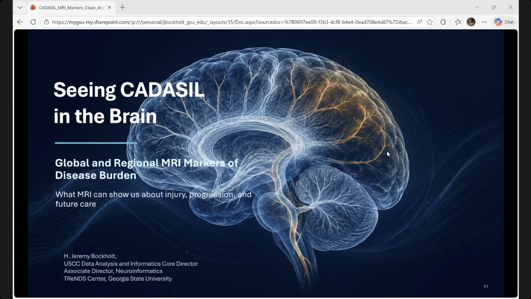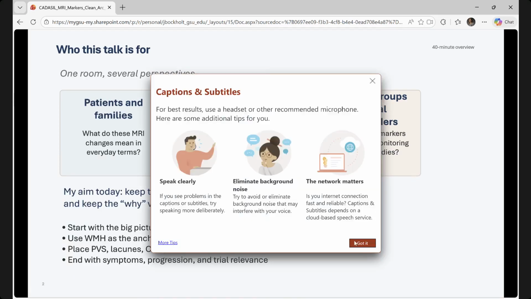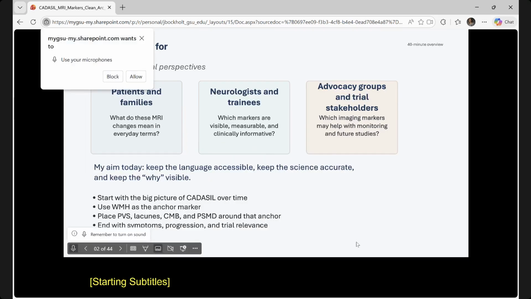As we continue to improve our imaging markers, we want to characterize these over time, as best as we can, so that they can be used as clinical trial endpoints.